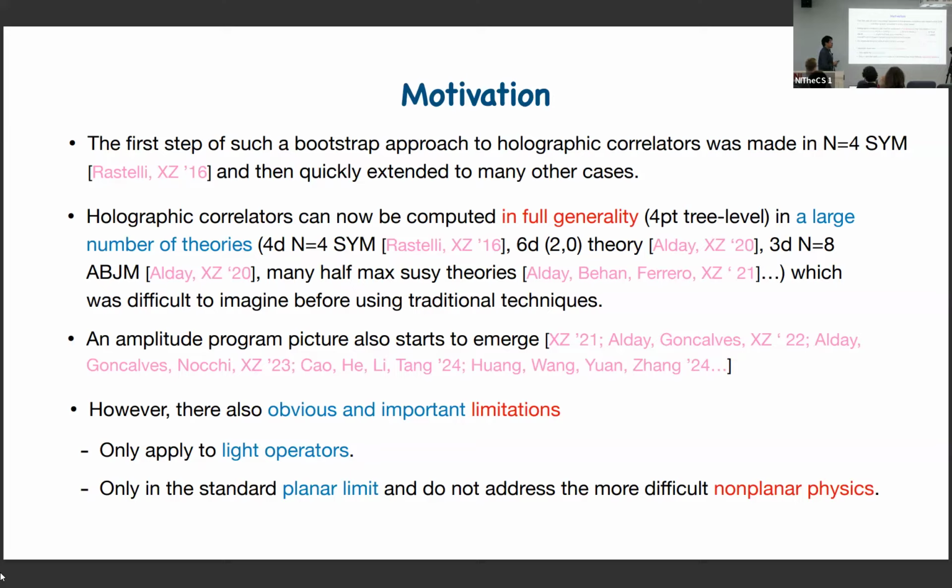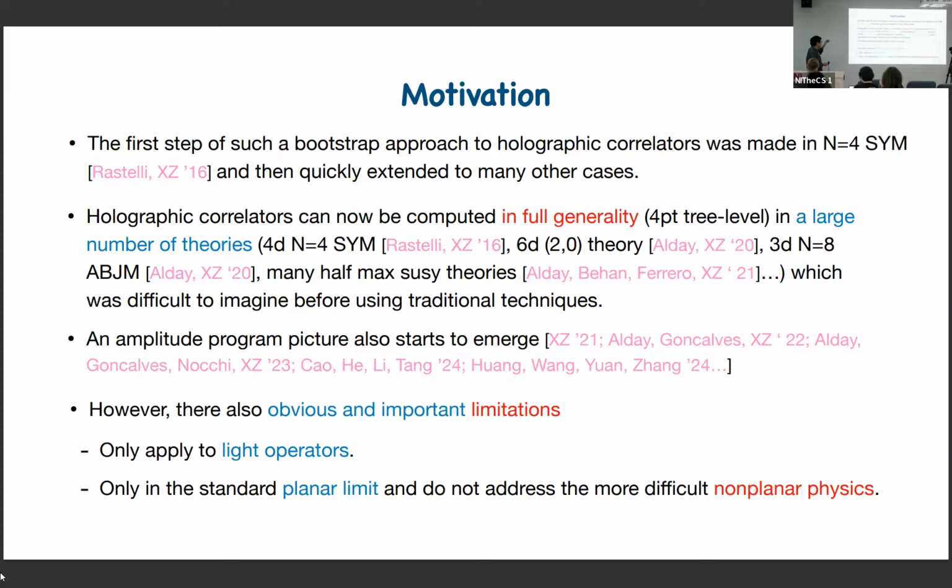So in addition to N=4 super Yang-Mills, where we're scattering essentially gravitons in AdS, you can also scatter gluons in AdS, and then try to have an analog of the amplitude program in flat space. Indeed, there are many nice parallels.